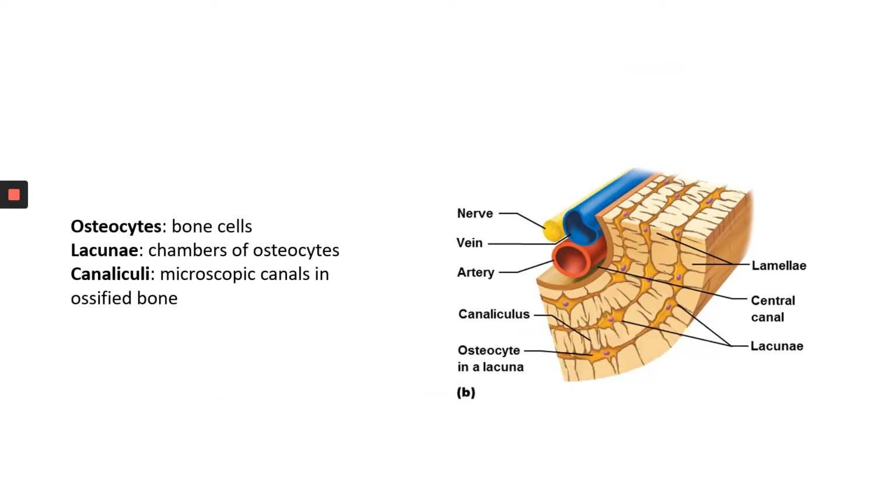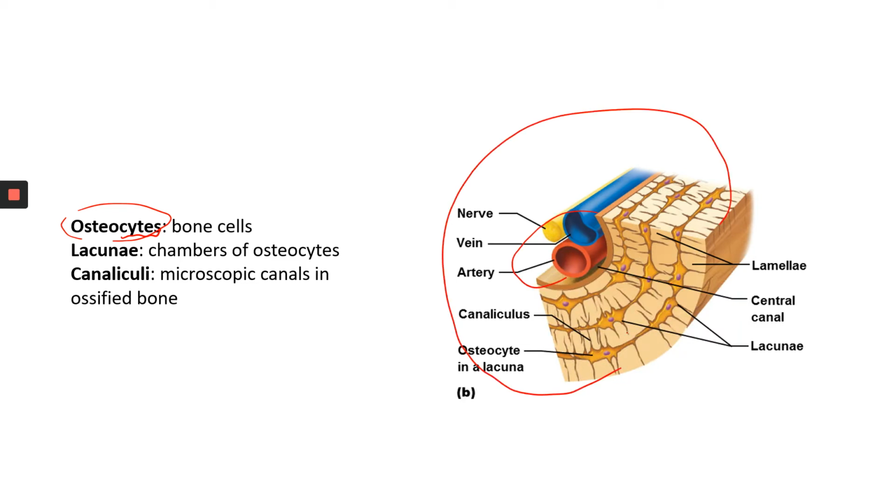Now there are a few more structures. Osteocytes. Every time you see "cyte," that probably indicates some kind of cell. So osteocytes are bone cells, and you can find them pretty easily when you look at the compact bone within each osteon. If I draw the whole thing, this is one osteon.